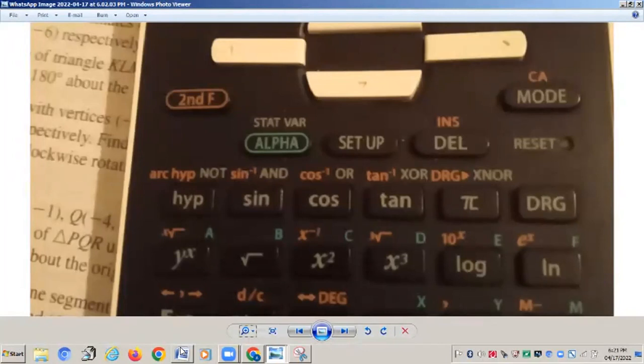Some calculators are so advanced that they have more than one function not on the button. For example, the one I'm looking at now, if you look at sine, you have sine to the -1, and to the right you have A and D. To activate the A and D, you use the alpha button.